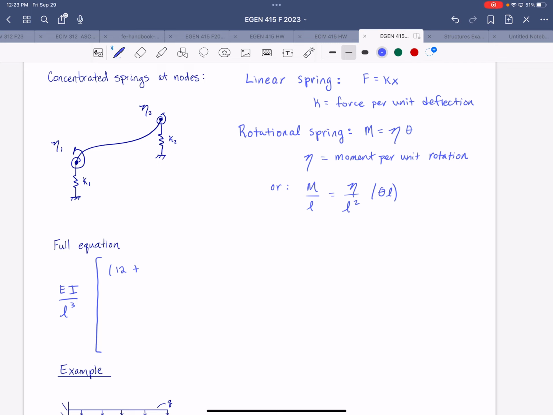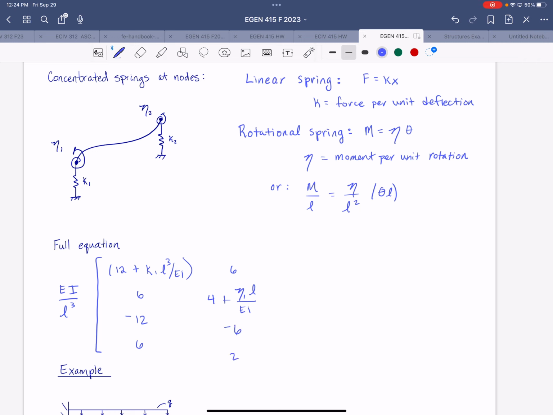In the first column, we'll have 12 plus K1 L cubed over EI, 6, negative 12, 6. In the second column, we'll have 6, 4 plus eta 1 times L over EI, and then negative 6 and 2.